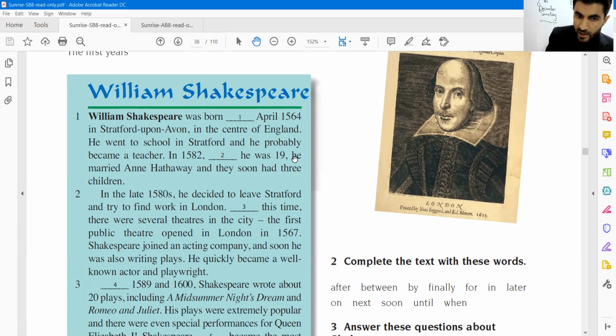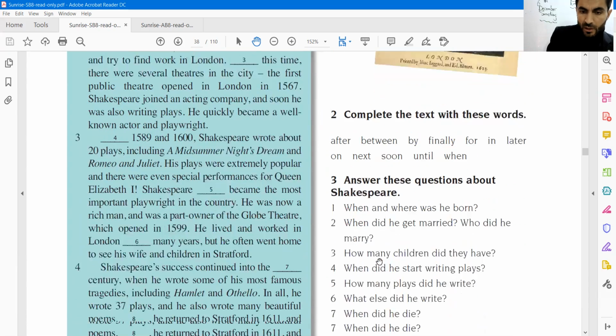Or you can say in 1582, he married Anna Hathaway when he was 19. So you've got a lot of options. You can answer in many different ways.